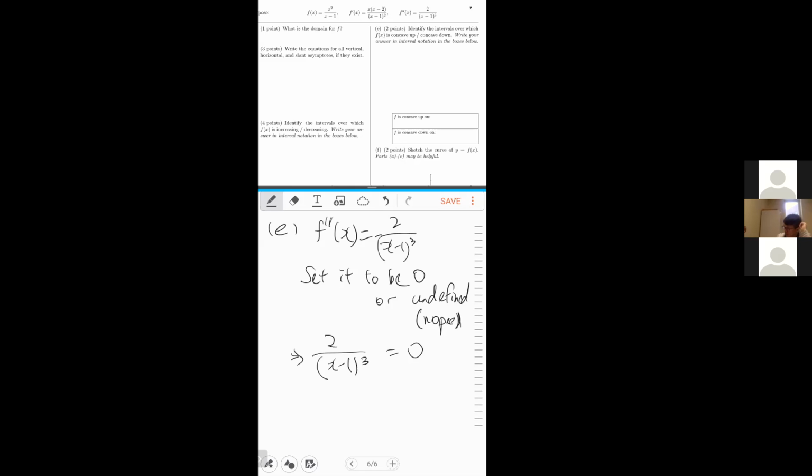Does it mean that it's never concave up and it's never concave down? A function has to be concave up or concave down. It cannot be neither. So solving this equation tells you that there's no solution, and no solution to this equation means what?